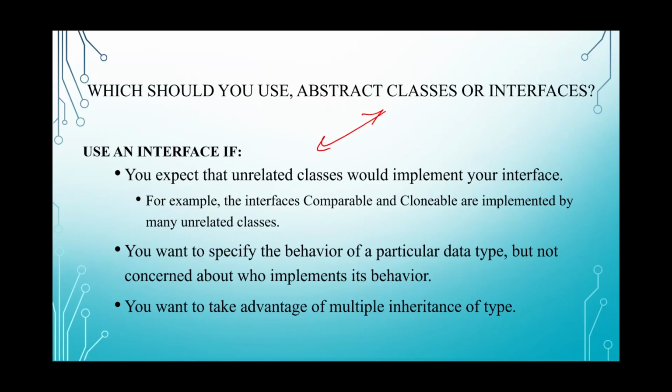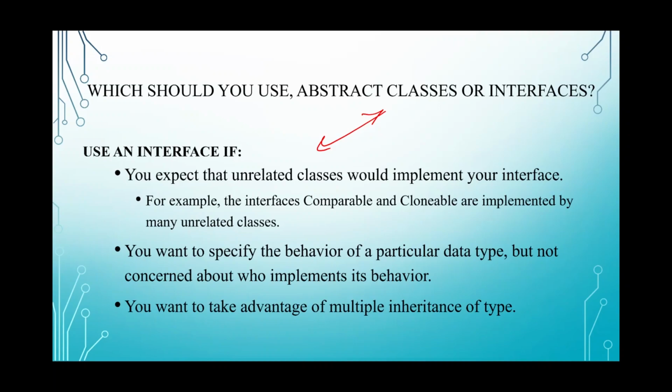So when to use interface versus abstract classes? You can use interface if you expect that unrelated classes would implement your interface. Whistling. Again, back to whistling. Whistling objects, human and parrot. They're not related, and they are both whistling.